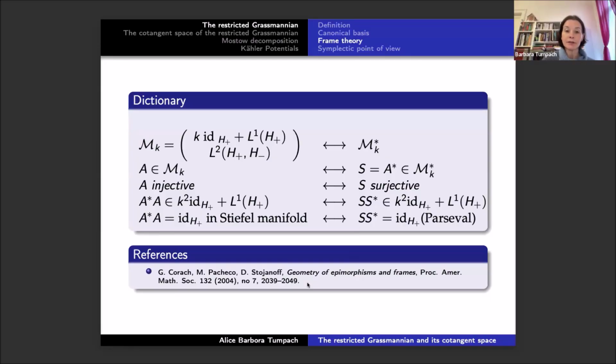So here I give the reference to a paper by Corach, Pacheco, and Stojanoff, which studied the epimorphisms of frames, so when the map S is surjective, and in my case, I will have injective maps. So you can use this dictionary.